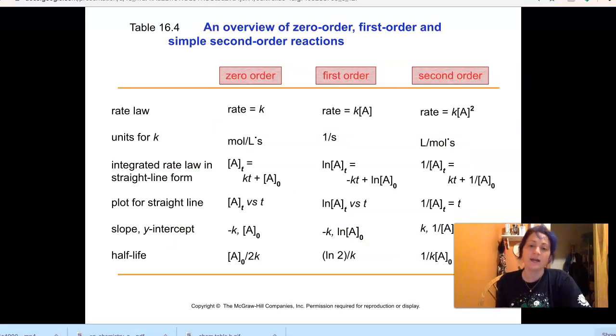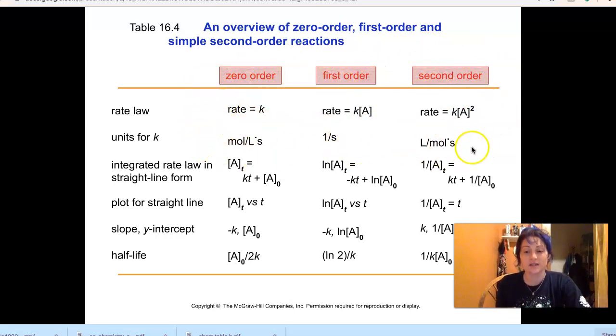All right, and this is just a summary slide for rate laws. Some general information that you should definitely be familiar with for this unit. The original rate laws for 0, 1st, and 2nd order are determined experimentally from experimental data.